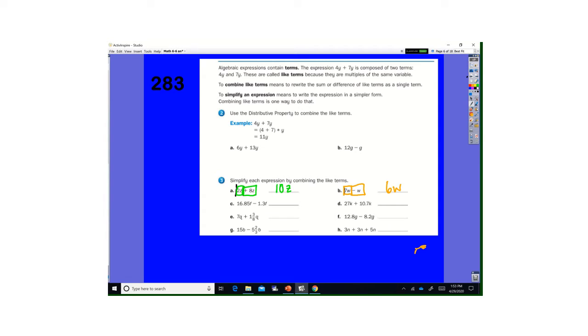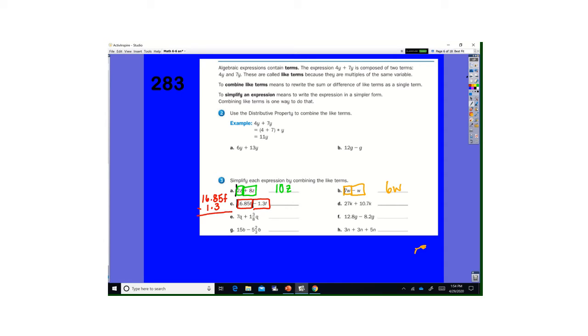Try C and D on your own, and then check to make sure that you're doing it correctly. So here I'm going to break it up. My F's we're going to do in red. They're both F's, so I have 16 and 85 hundredths minus 1 and 3 tenths.